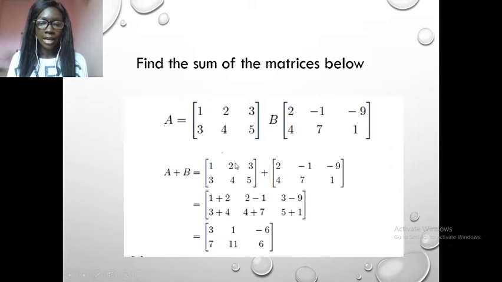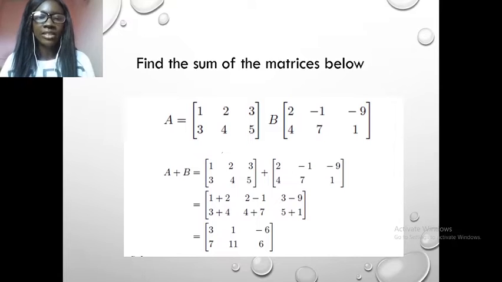Okay, so let's finish the first row. Here we are in row 1 and column 2. So we have here 2 plus minus 1, which is 2 minus 1, also in the first row and second column. Again, we have here 3 plus minus 9, which is 3 minus 9. Remember our rules in directed numbers.